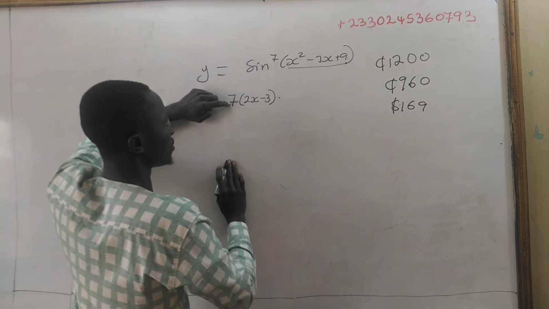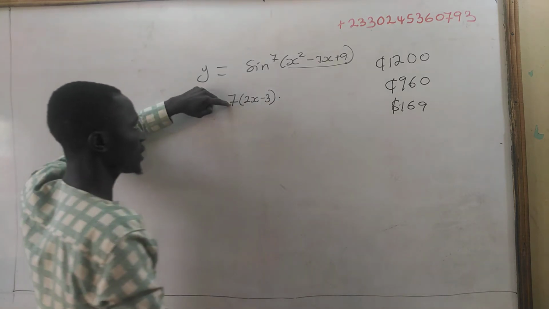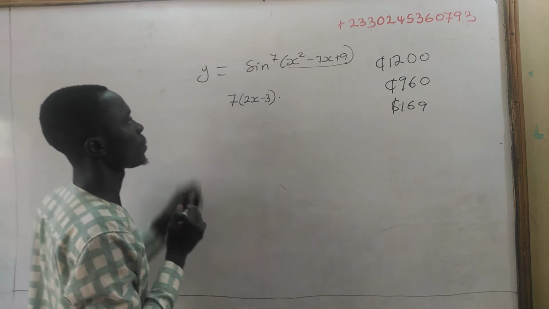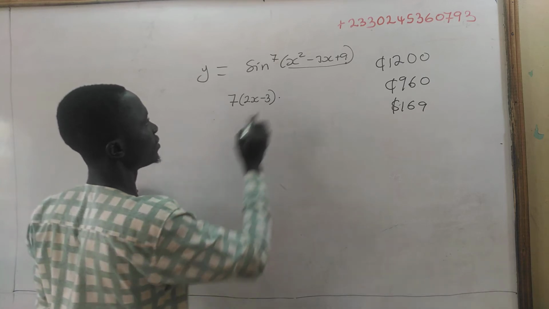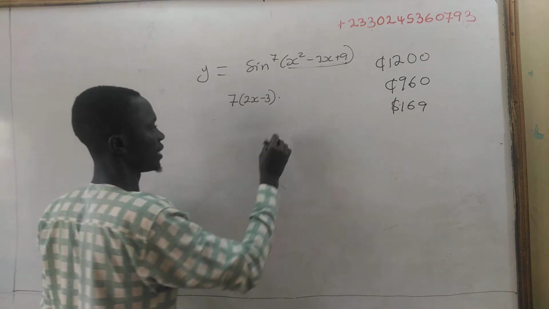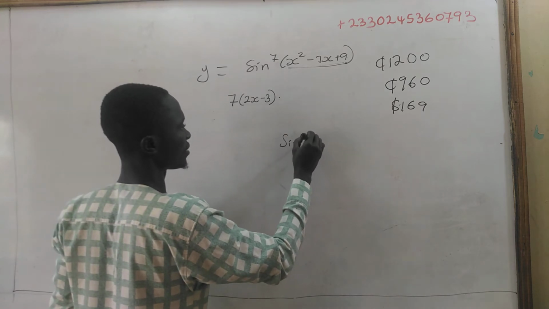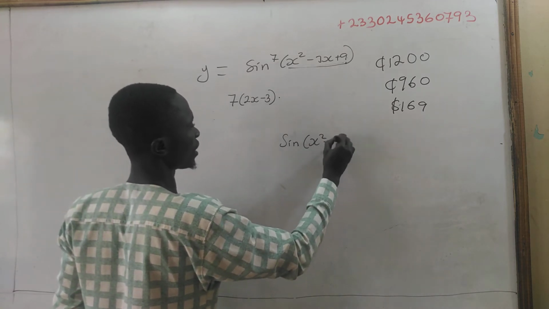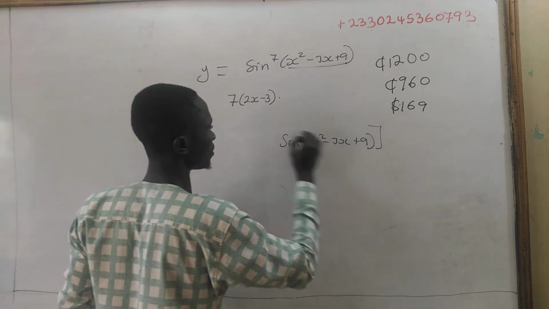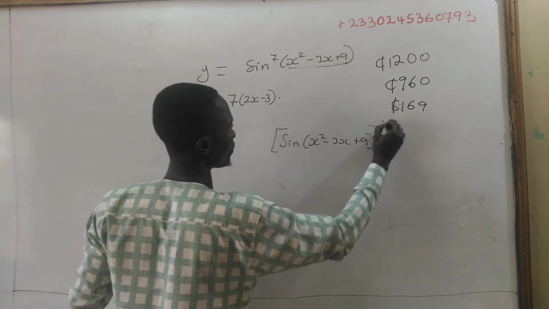Times, what do we do? What we are going to do here is that you will see that this one has been differentiated. Look at this. This is sine of x squared minus 3x plus 9 all to the power 7.